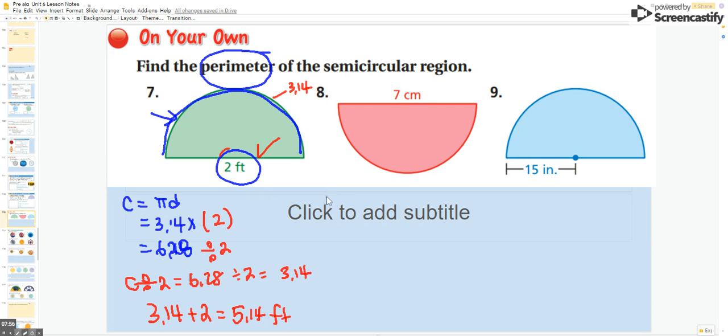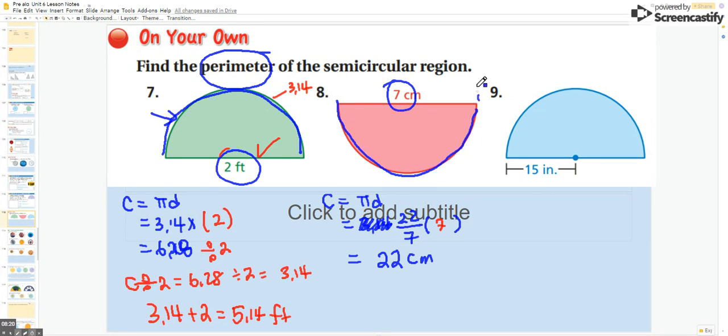And then the next one, same thing. So pi d. Oh, I'm going to use 22 over 7 here, because this is a multiple of 7. 22 over 7, and you're going to plug in the diameter, which is 7. So now you see that the circumference is about 22 centimeters. And now if it was the full circle, then the circumference is 22.